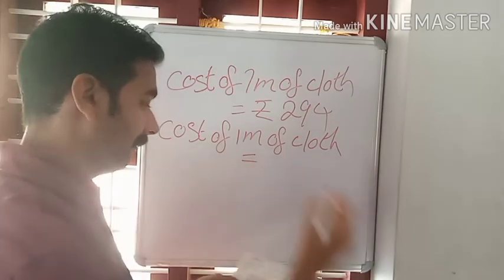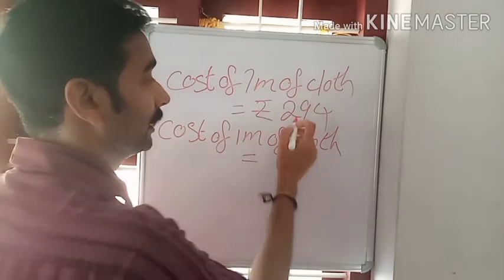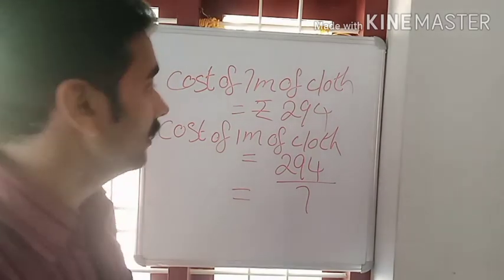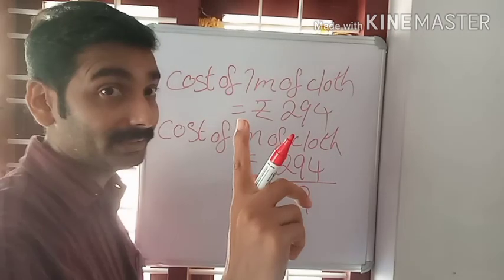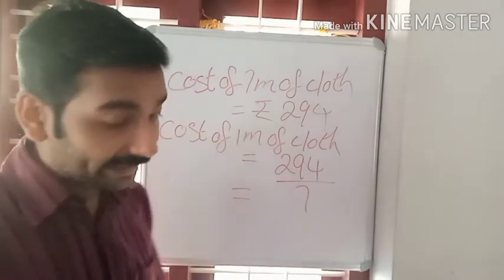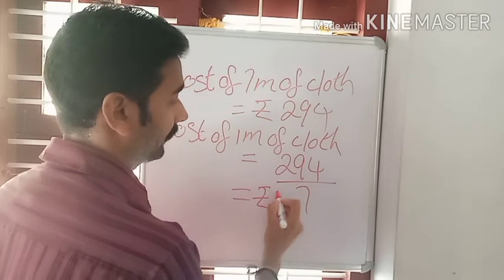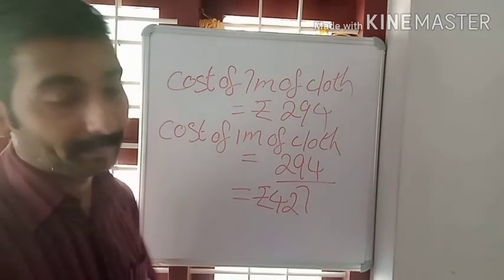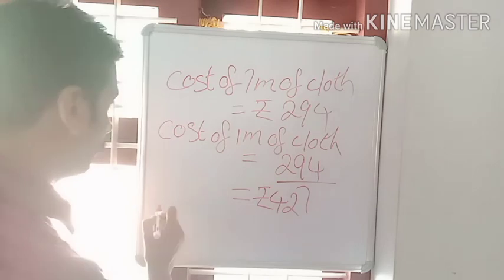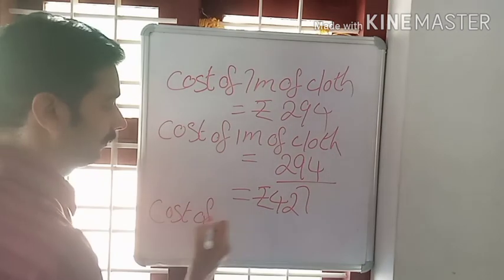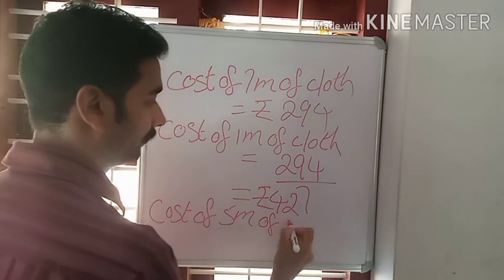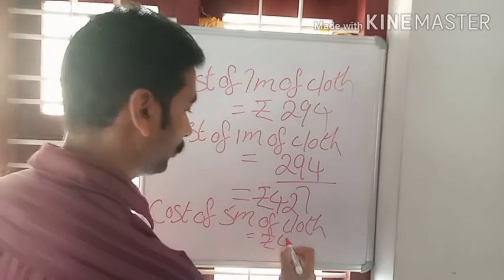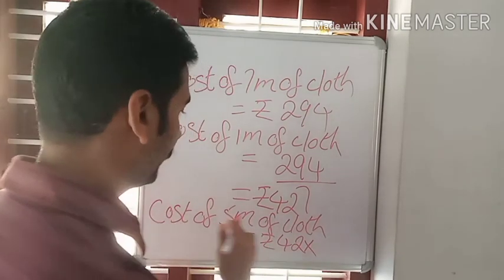1 meter of cloth means 294 divided by 7. 1 meter means division. 294 divided by 7 is rupees 42. You divide it in your notebook. Then we find the cost of 5 meter of cloth: 42 into 5.